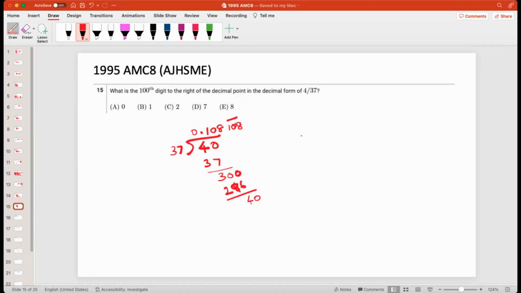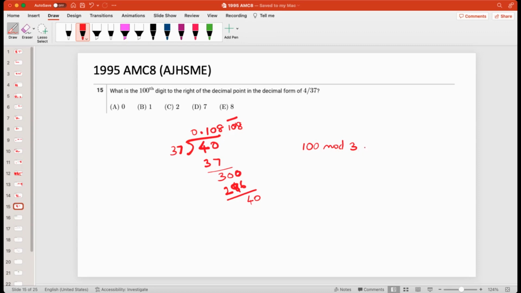So basically what we need to do now, we have to find the 100th digit, right? Every 3 digits are repeating. So we just have to say 100 mod 3. What is modulus? Modulus is nothing but the remainder, which gives the remainder of a division operation. So when I divide 100 by 3, what is the remainder?